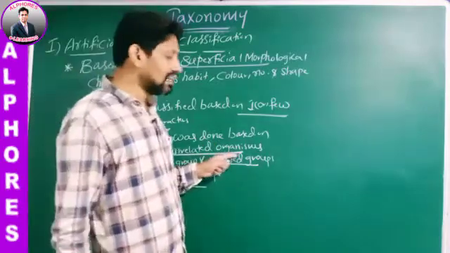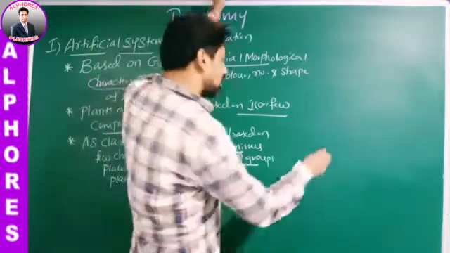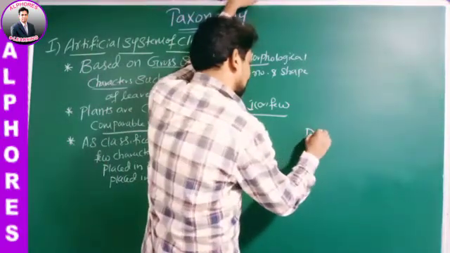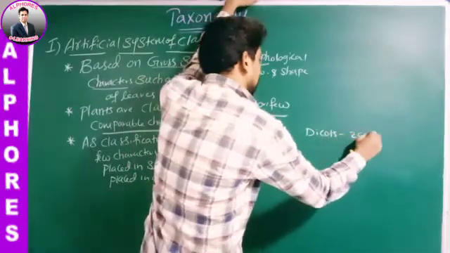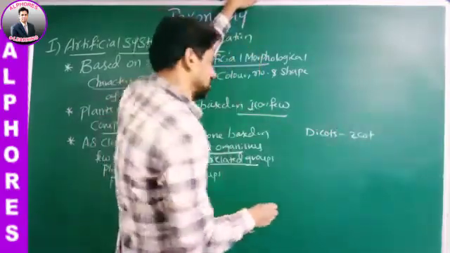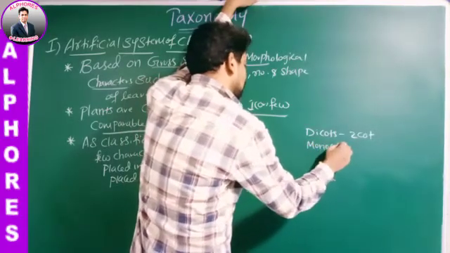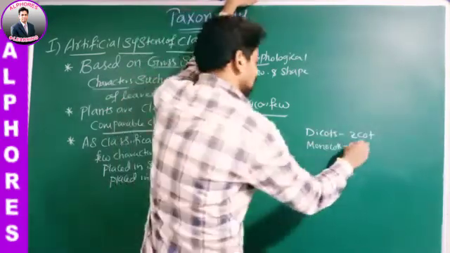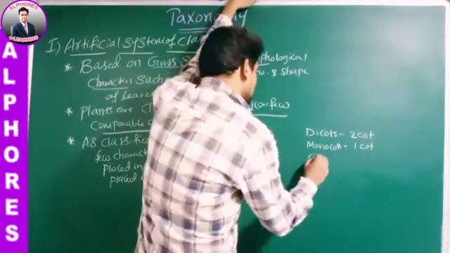For easy understanding of this statement, I am giving an explanation. See here. Sir, take dicots, with two cotyledons. Next, monocots, they are with one cotyledon. Whereas take gymnosperms, sir.